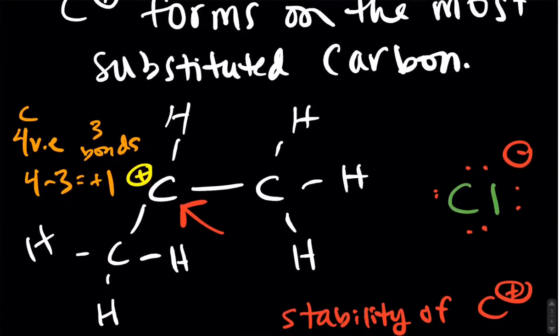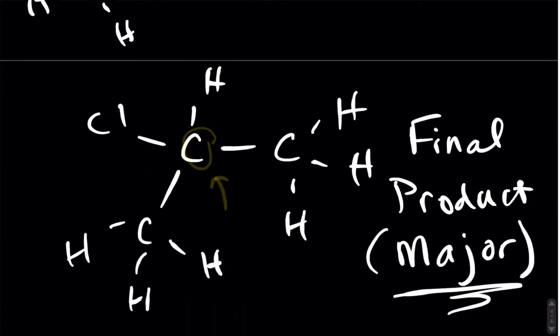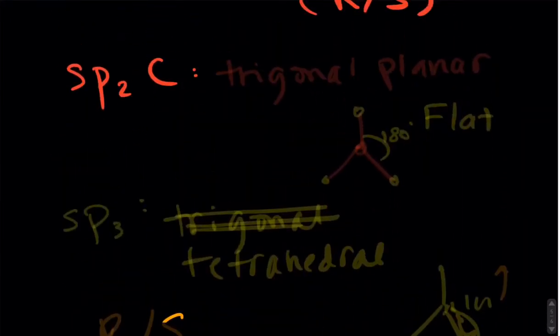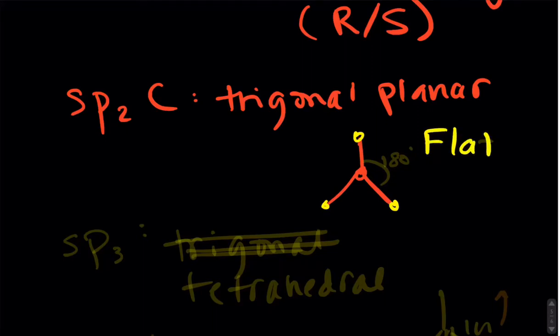We have 3 regions of electron density, so that's an sp2 carbon, that has a trigonal planar geometry. So it basically just looks like this. And this is a flat shape, and these are all 120 degrees.